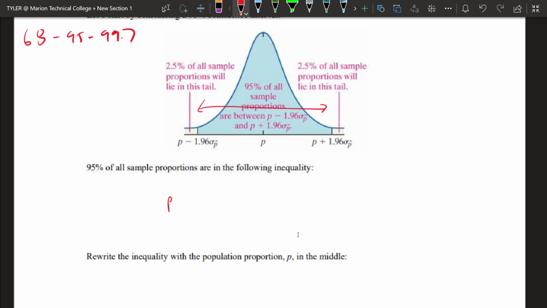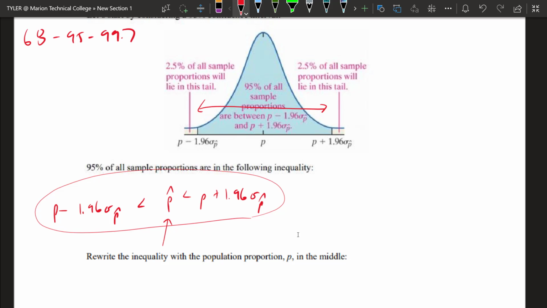So if I take a p hat value, 95% of them are going to be in between p plus 1.96 times sigma p hat and p minus 1.96 times sigma p hat. So if I take a sample proportion, I would expect 95% of them to be in between these two values.